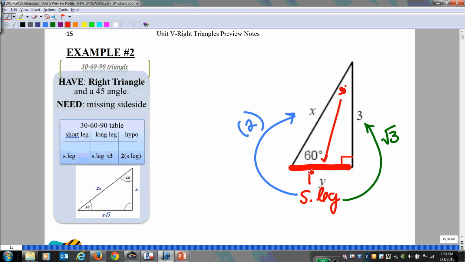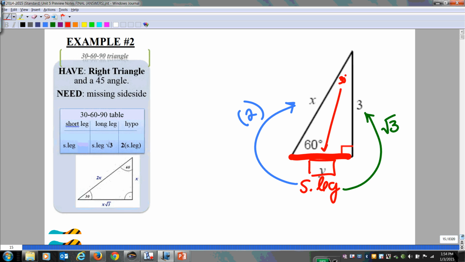Problem is we don't have the short leg, so you kind of have to backtrack here. Let's start with what we do have. We do have the long leg, so it reads like this. Something times root 3 gave us just a straight up 3. That's what you're thinking. Something times root 3 is 3. Hopefully you see this by now.